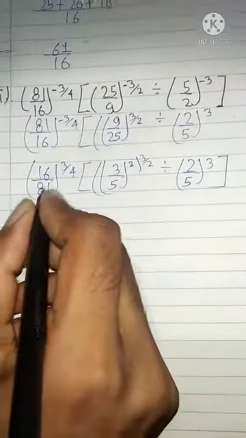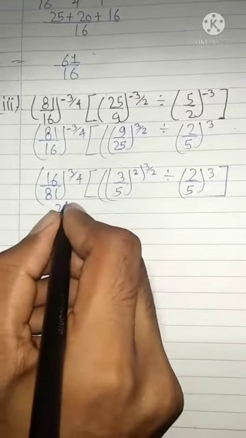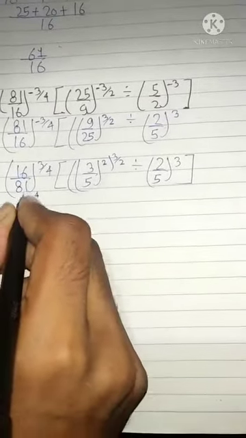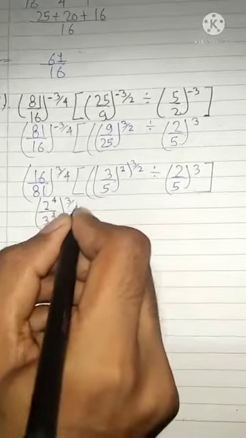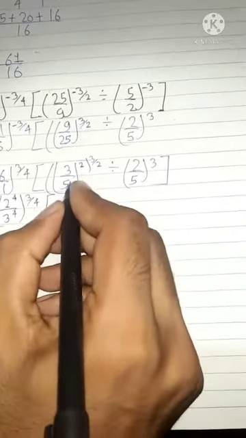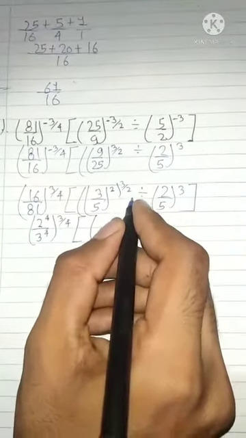So can you write 16 as 2 to the power 4 upon 3 to the power 4 whole to the power 3 by 4, and this came applying the identity (a to the power m) whole to the power n equals a to the power m into n.